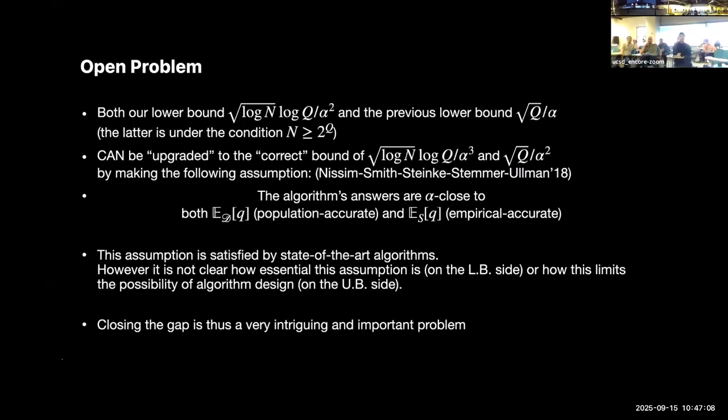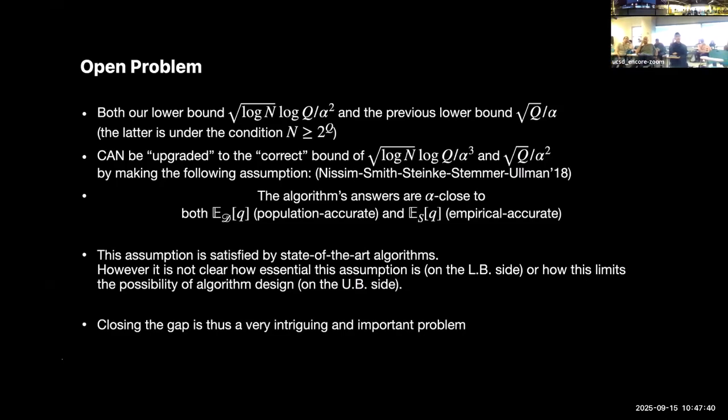Okay, just let me conclude by mentioning an open problem. So I suppose our lower bound and the previous lower bound in the unbounded domain case can be upgraded to the correct lower bound. Namely, you can add 1 more alpha to the lower bound by making the following assumption. The assumption says the algorithm's answers are required to be alpha close additively to both the population and the empirical sample.